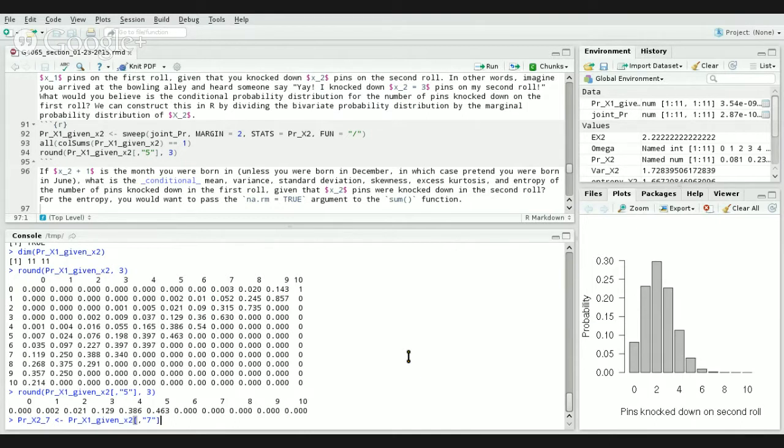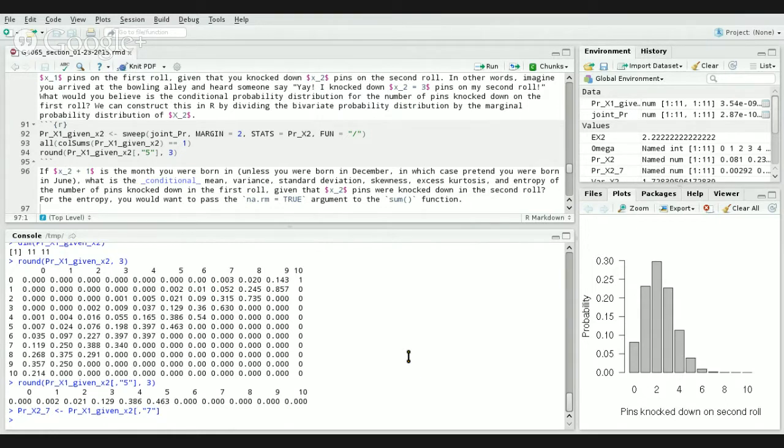So I'm interested in the event that 7 pins were knocked down on the second roll. What's the probability distribution for the number of pins knocked down in the first roll? And then to calculate the expectation, variance, etc., we can do something like this. It is the sum of omega times PR x1 given x2 equals 7.